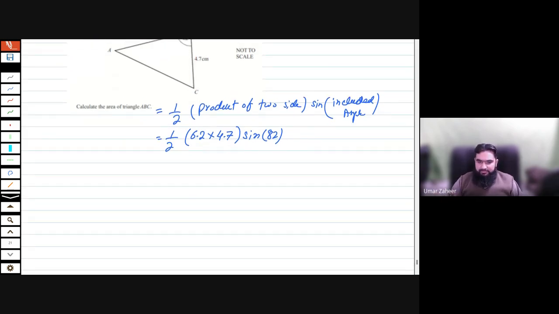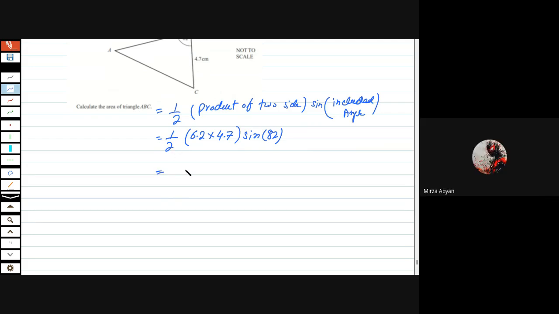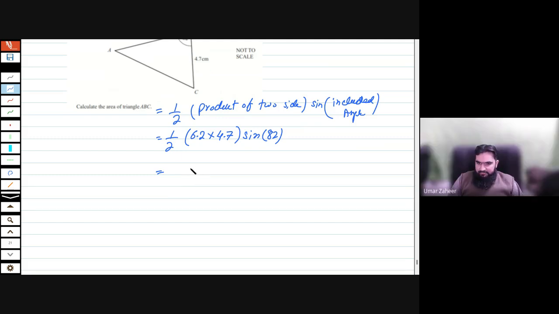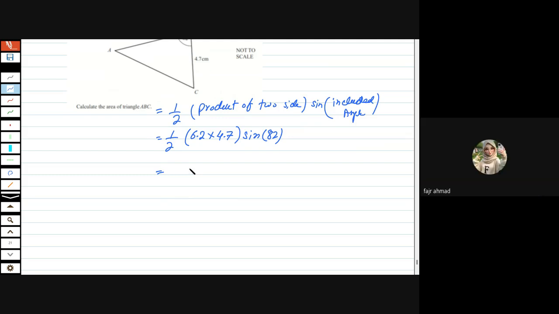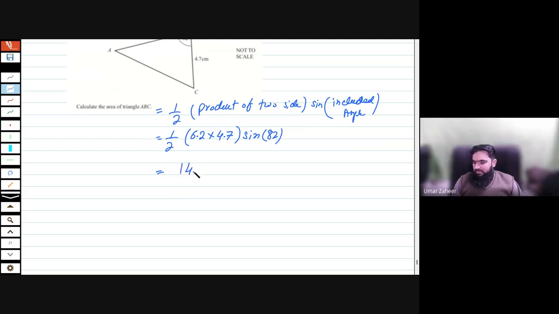Yes, please find the final answer. Yes, everyone, what is the final answer? 14.43 centimeter square.